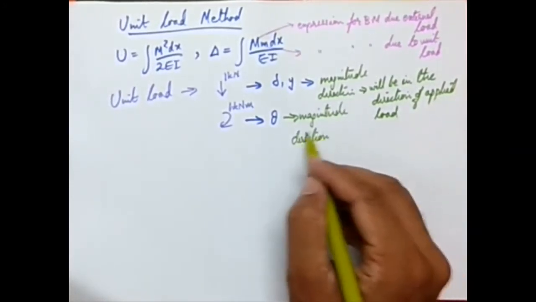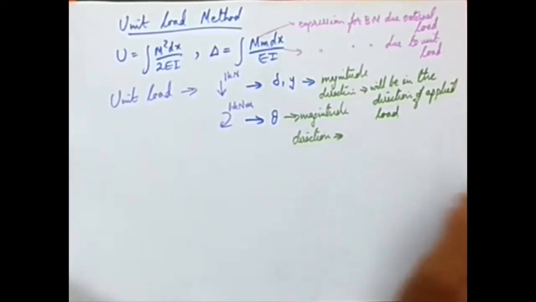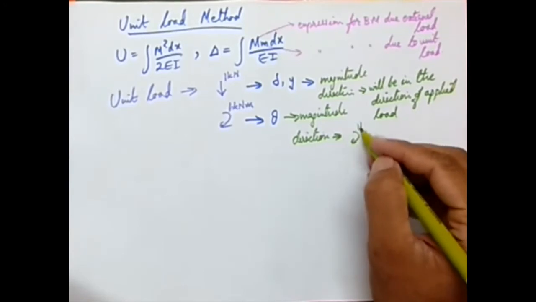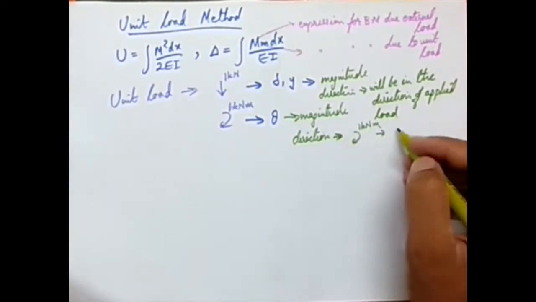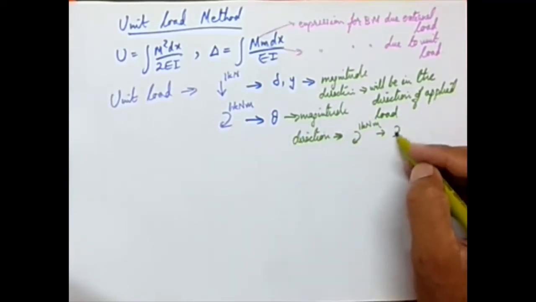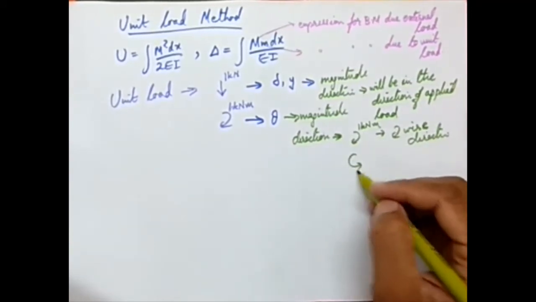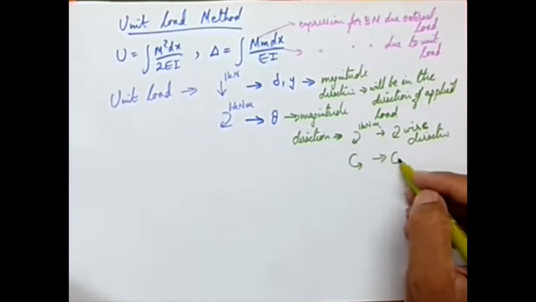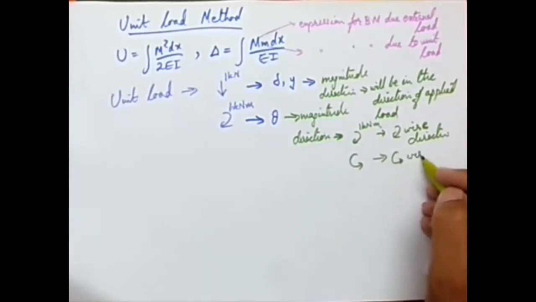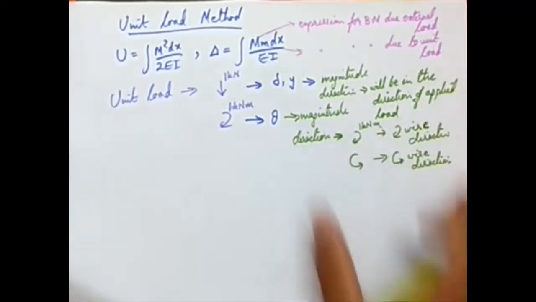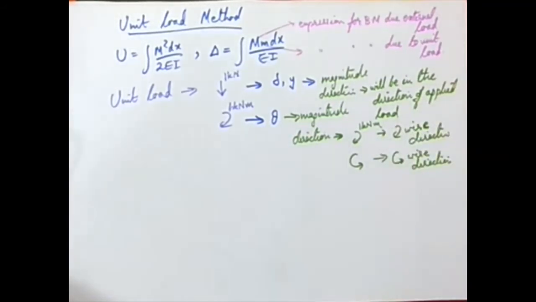Whichever direction we apply the moment, if we apply it like this, this will give a rotation in the clockwise direction. If you apply it like this, the result will be an anti-clockwise or counterclockwise slope. So these are the basic things that we need to remember when we are using unit load.